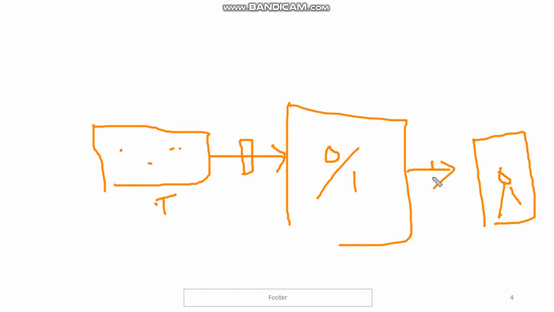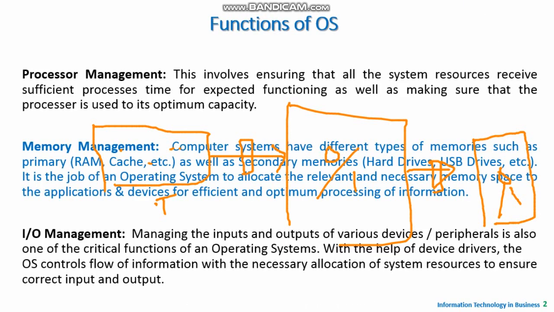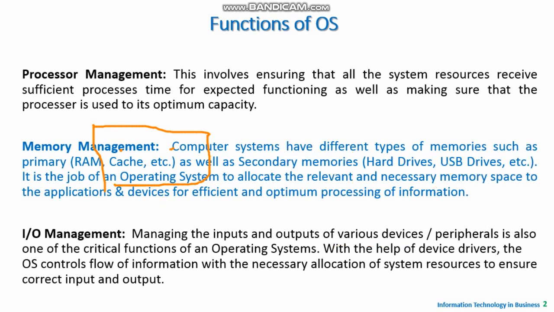Similarly, it translates the data into a format that can be printed on a display or on a printer. So these are called the device drivers. So that is part of the input output management of any program. So an operating system needs to take care of managing input and output, and we use device drivers for that.